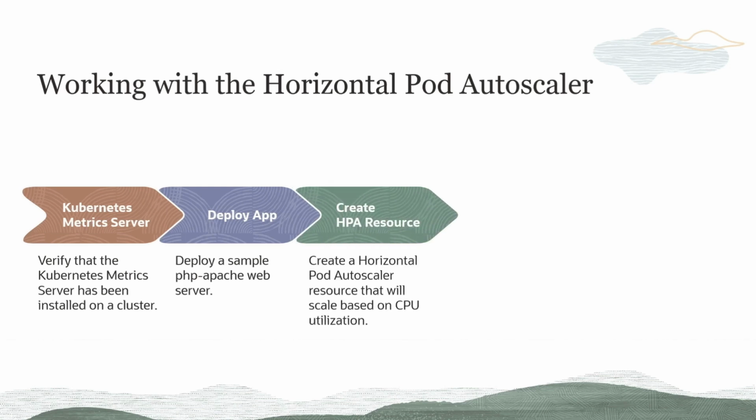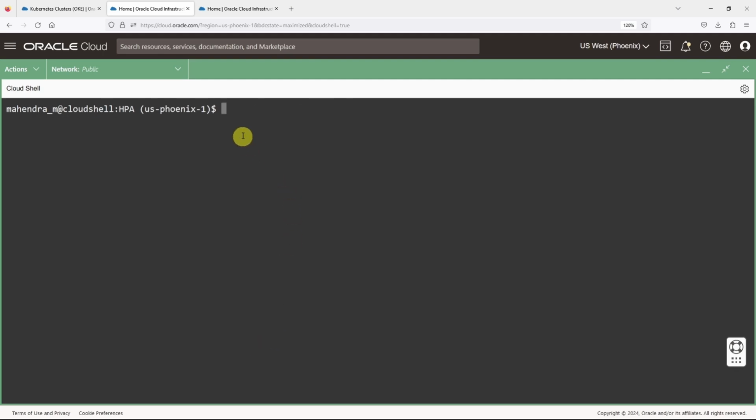Now the next step is to create a horizontal pod autoscaler resource that will scale based on CPU utilization. I'll clear the screen, and to run the autoscaler I'll use the command kubectl autoscale deployment and the name of the deployment, which is PHP Apache, and I'm setting the CPU percentage to 50 and the min count is set to 1, whereas the max count is set to 10.